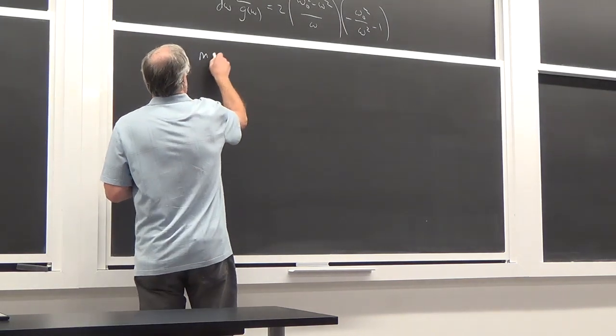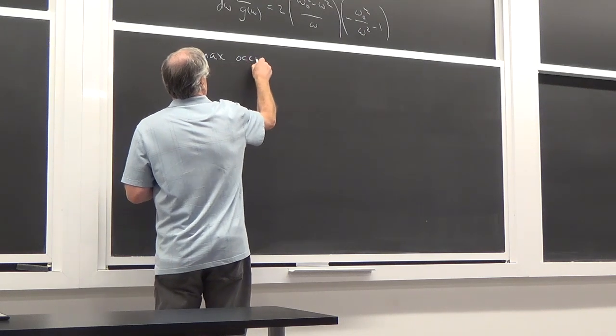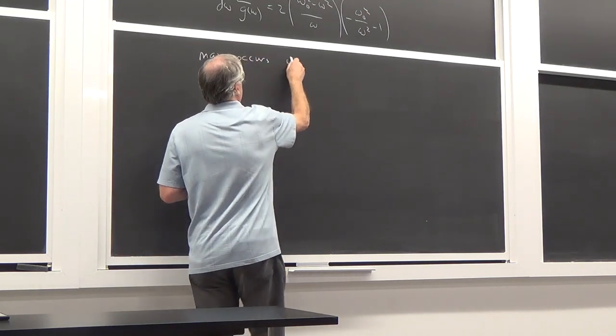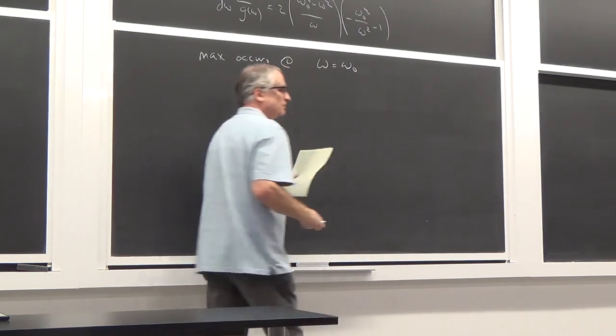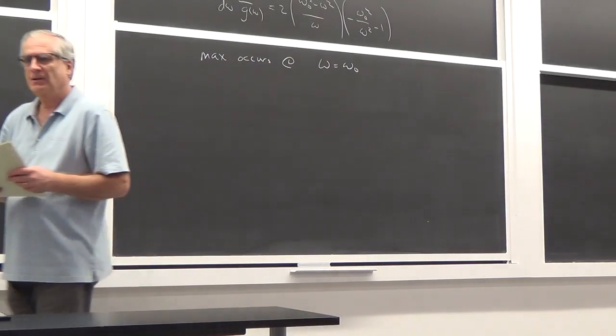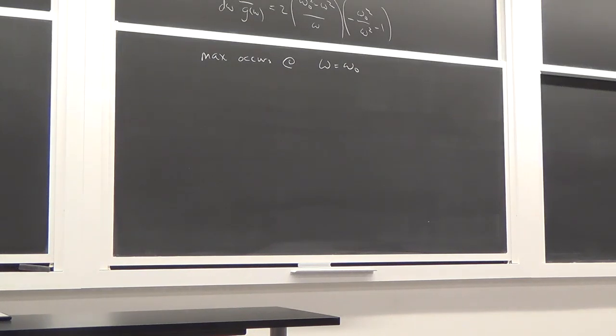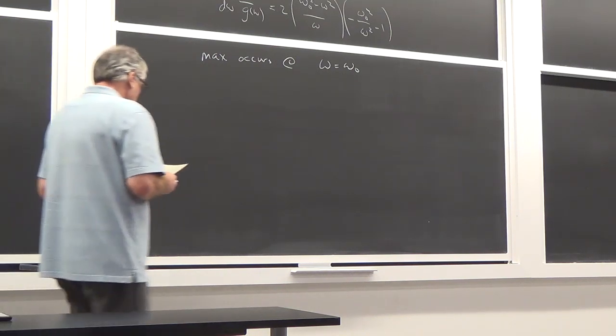So the maximum of my power occurs at omega equals omega naught. So we find that the power dissipation of the oscillator actually has its peak at the natural frequency of the oscillator.